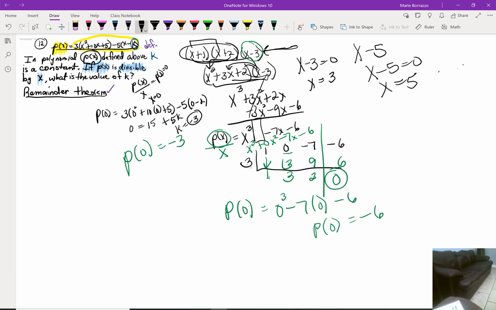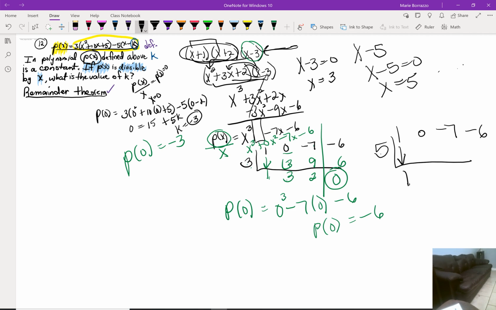If I use the 5 instead, with my 1, 0, negative 7, negative 6, you drop the 1. 5 times 1 is 5. 0 plus 5 is 5. 5 times 5 is 25. Negative 7 and 25 gives you positive 18.